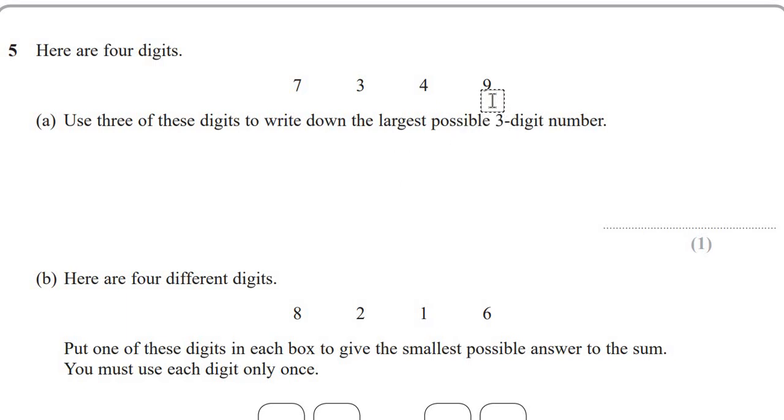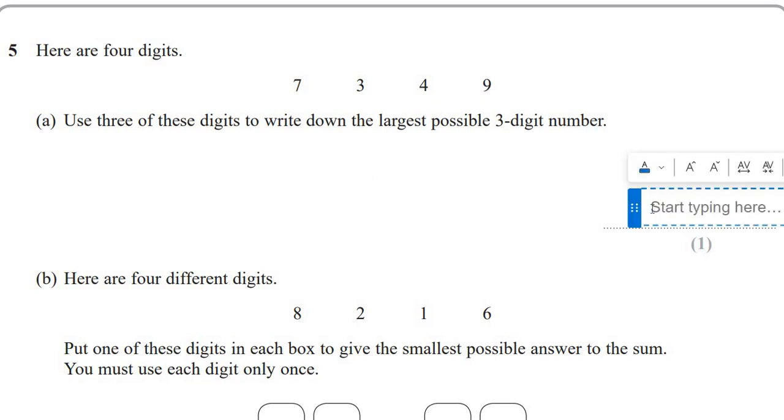So 9 is the largest digit here. If you start with 9 and then put 7 and 4, 974 must be the largest 3-digit number that you could get by combining any 3 of these digits.